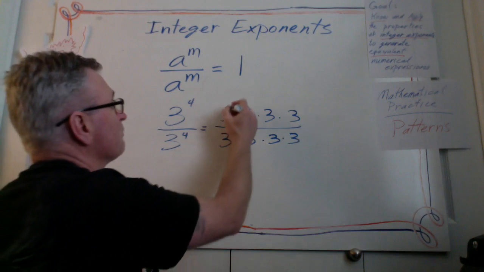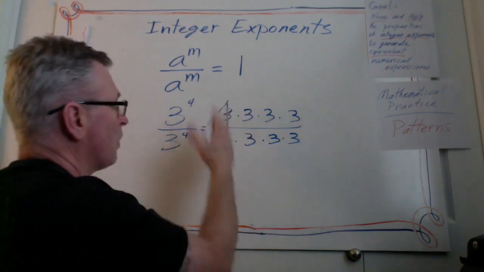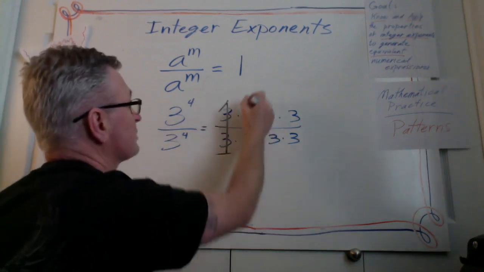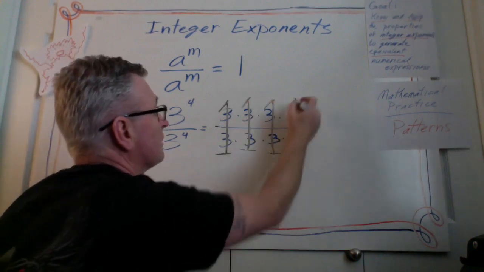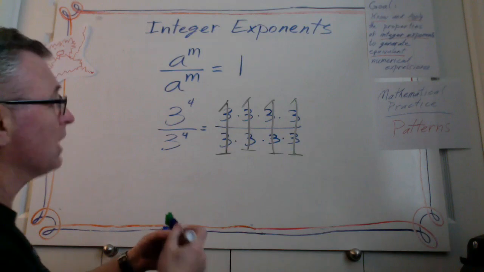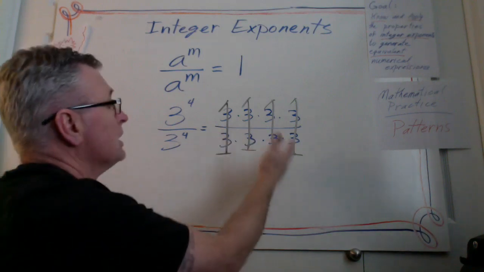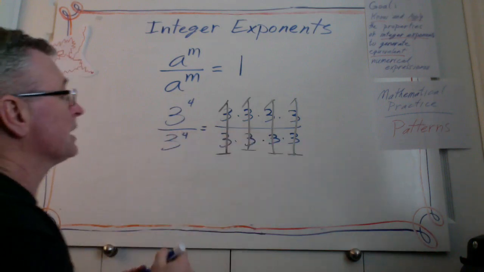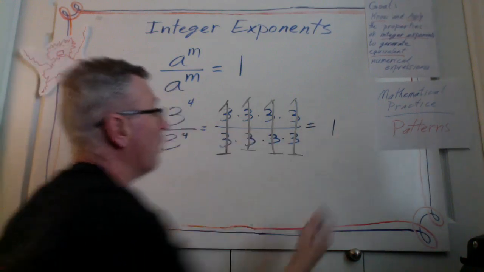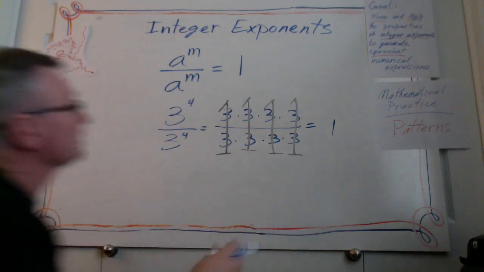It's a 1. So it's 1 times whatever's left, which doesn't change it, since multiplication by 1 doesn't change anything. So it's 1 times 1 times 1 times 1. So this whole thing ends up being 1. Well, let's look at it differently.